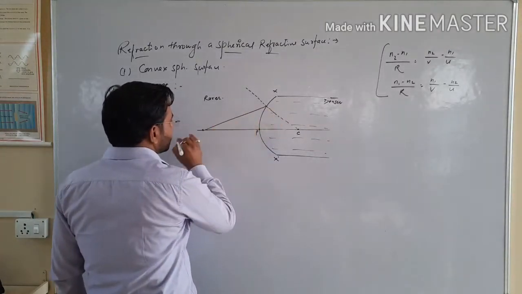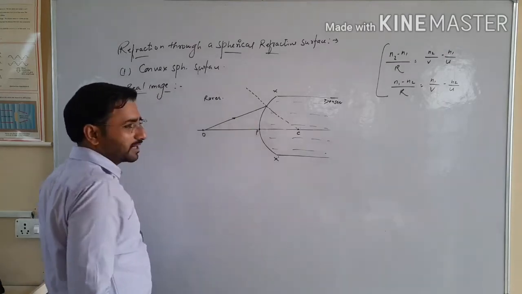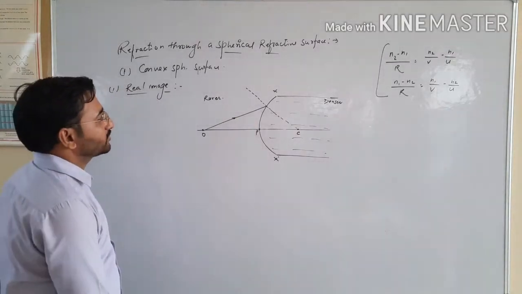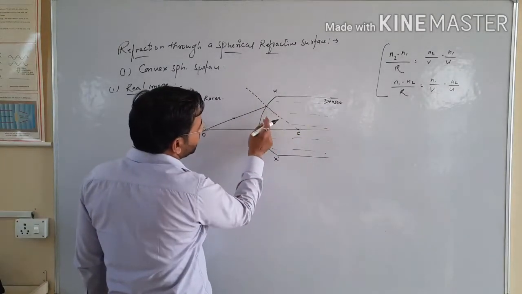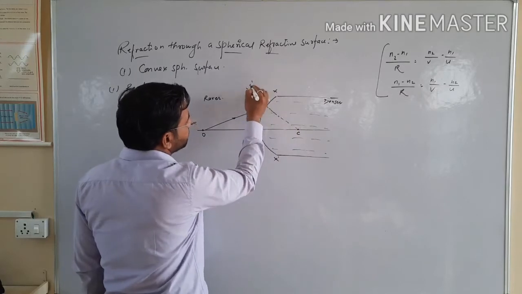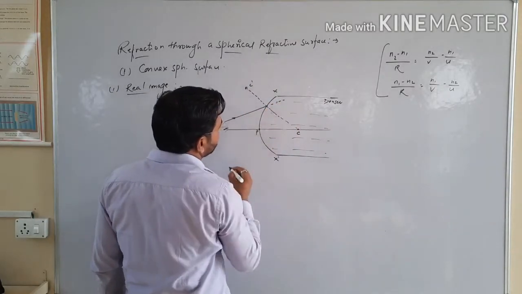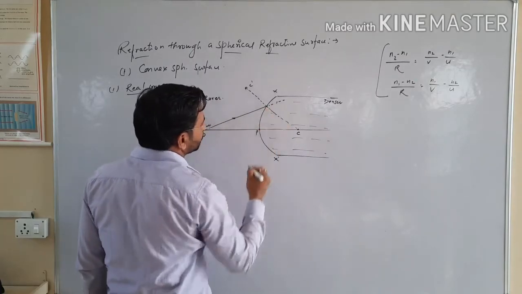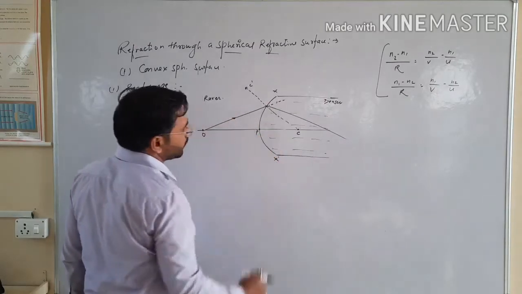When the object is placed at any point O, a light ray will come from this point object. As light is going from rarer to denser medium, it bends toward the normal. Here C to C dash is our normal. The light ray should follow this path, but it will not follow it due to refraction; it bends towards the normal.